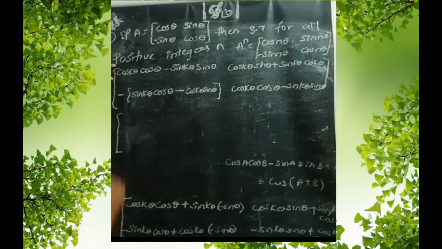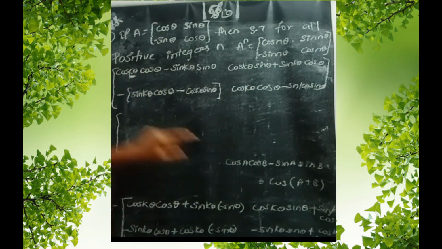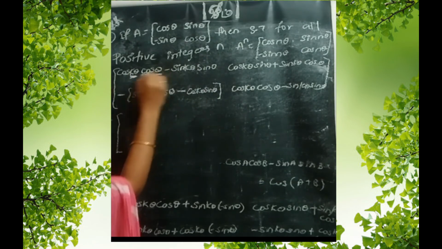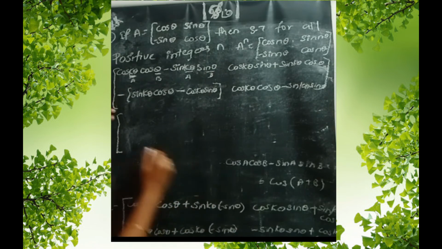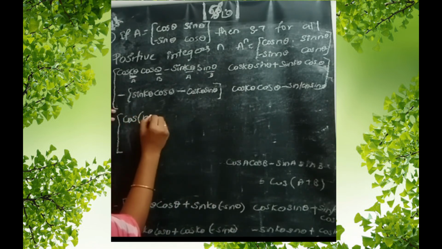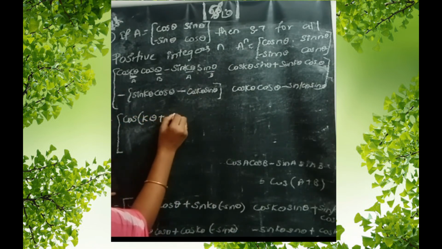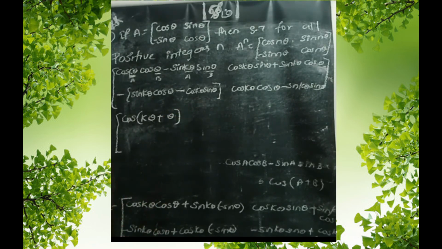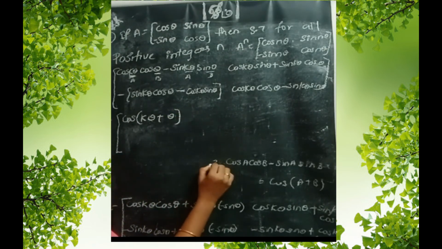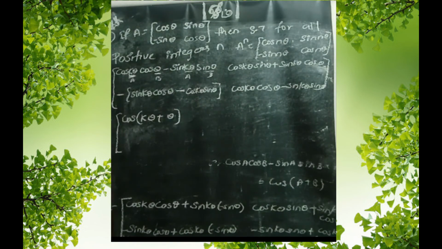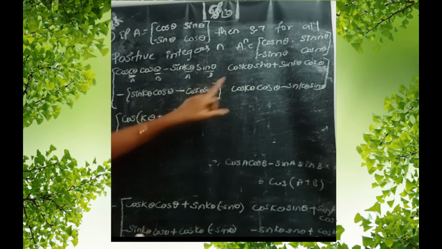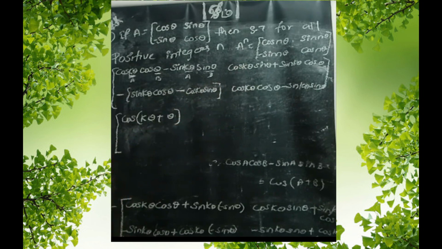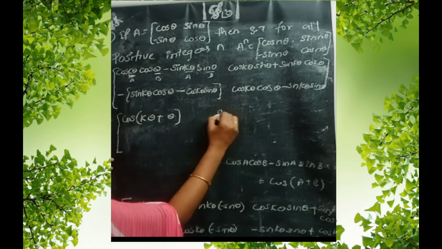Now take k theta as A and theta as B. Then substitute: cos of k theta plus theta. Don't confuse in it. There is a formula: cos A into cos B minus sin A into sin B is cos of A plus B. Next, cos A sin B plus sin A cos B means sin of A plus B.